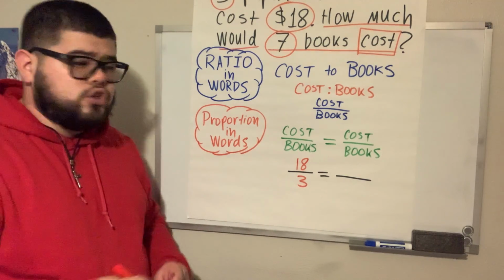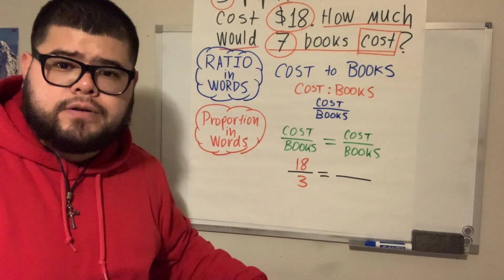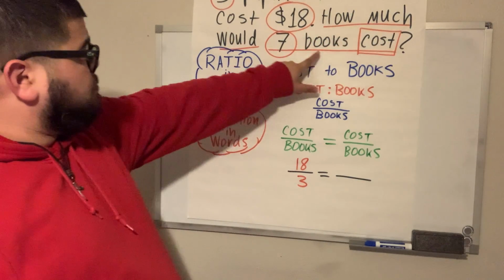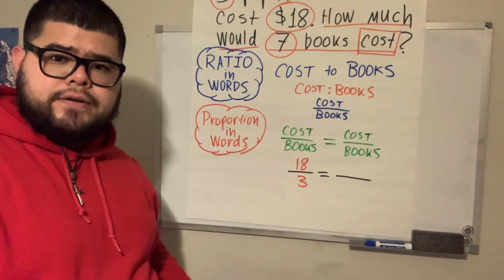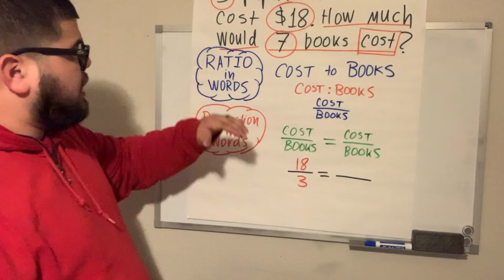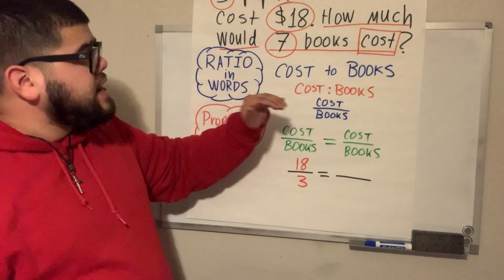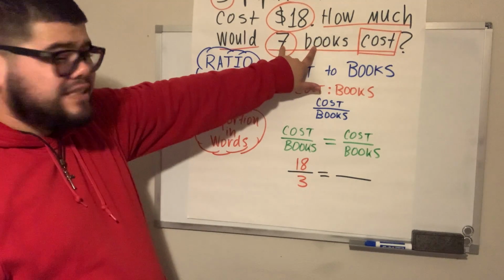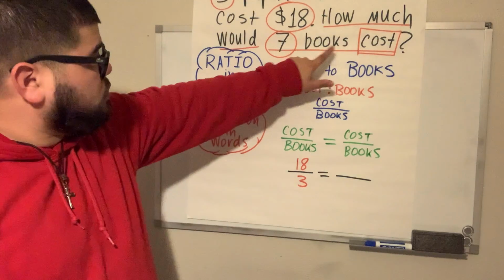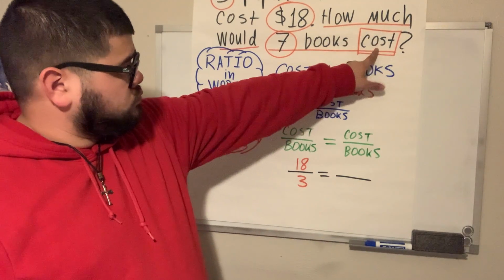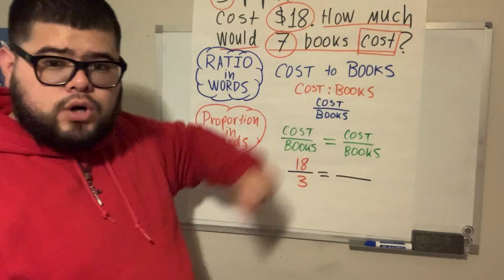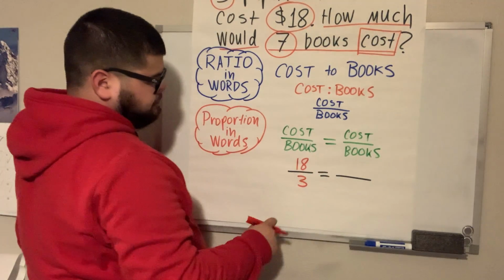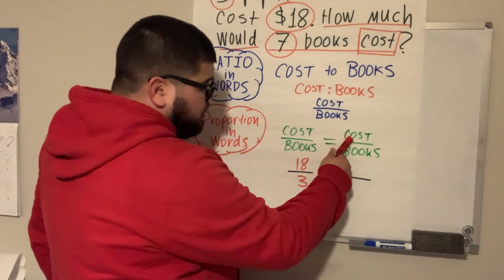Now we have to answer the question. The question was, how much would 7 books cost? So what information do we know in the question? We know 7 books, but we don't know the cost. So when we're looking at the right side of the proportion, we don't know the cost, but we do know the books.